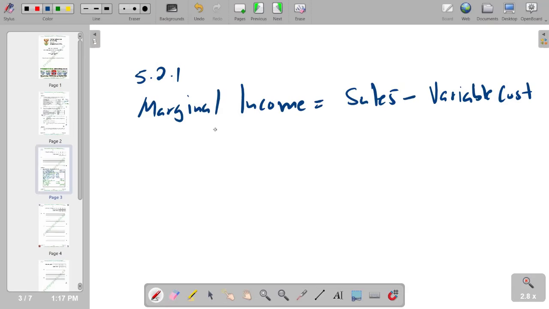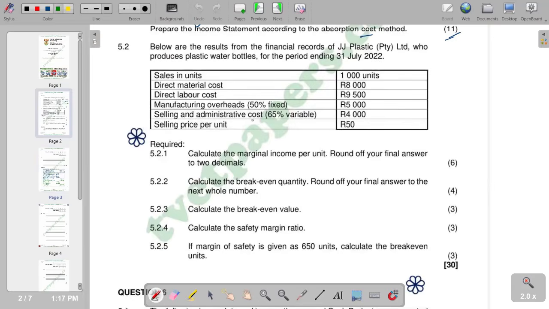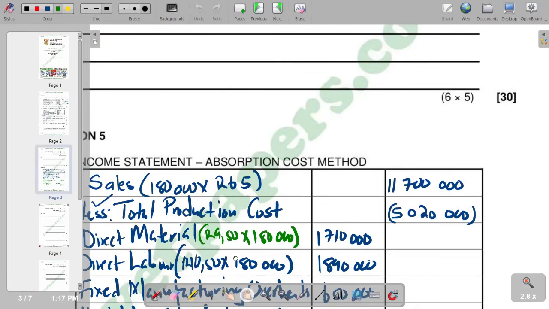So let's start by calculating the marginal income, whereby our sales, we are given as 1,000 units, of which each unit is 50 rand. So we say 1,000 times 50 to get our sales.